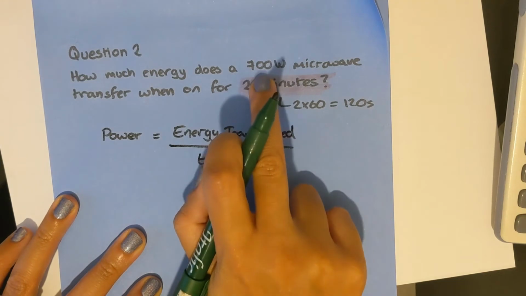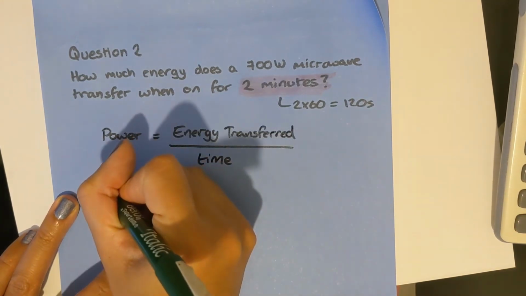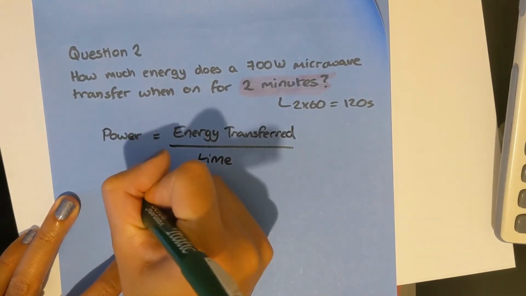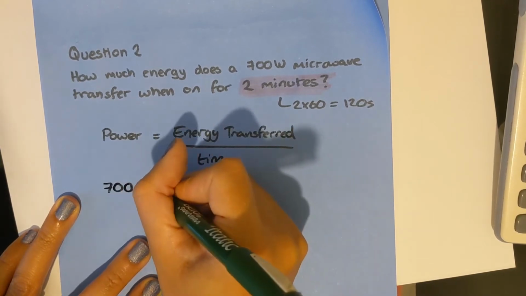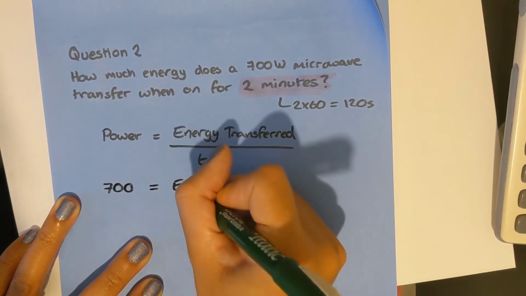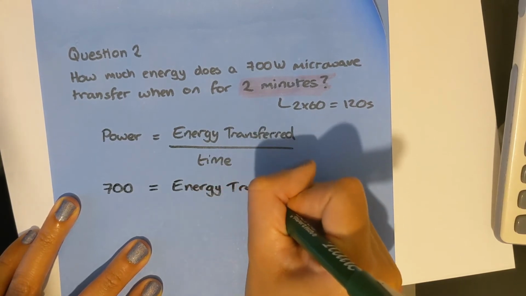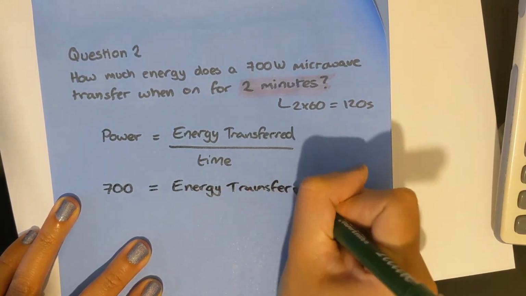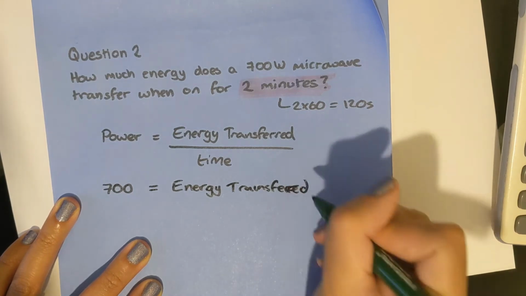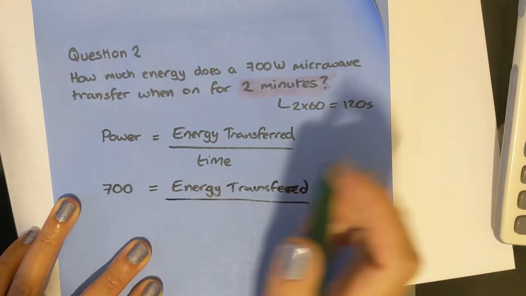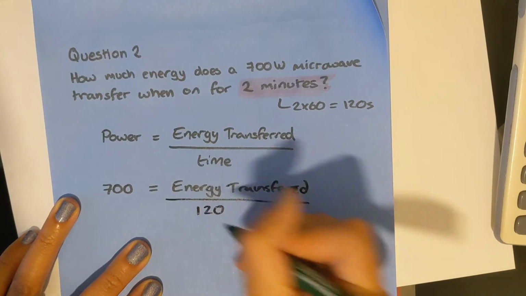Our power rating is 700 watts, so we put that number in the power area. We don't yet know the energy, that's what we've got to work out. And the time we worked out already is 120 seconds.